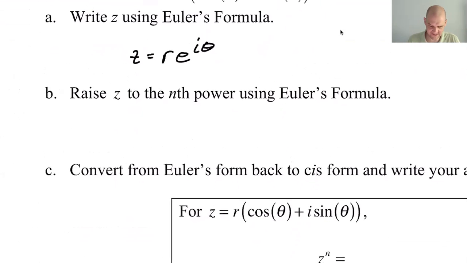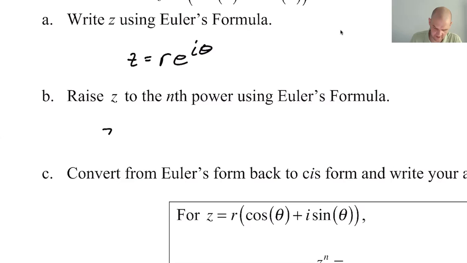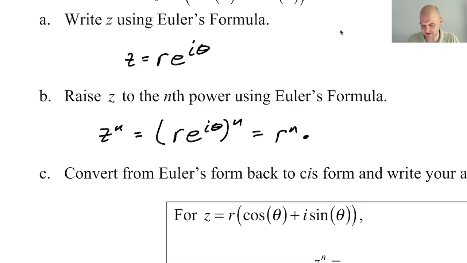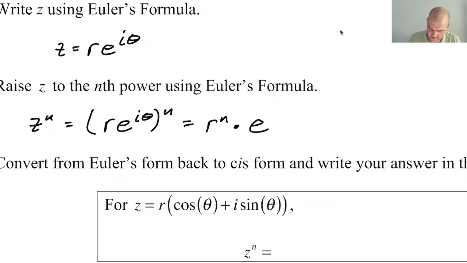So if I raise this to the nth power, z to the n, that's going to be r e to the i theta, all to the n. It's like a times b to the n is a to the n, b to the n. So this will be r to the n, and then e to the i theta to the n. A power to a power, you multiply the exponent. So this is e to the i times n theta.